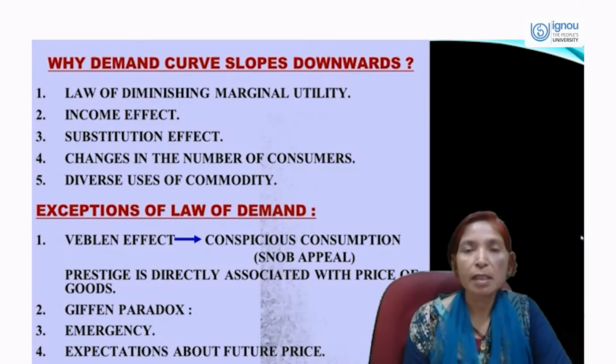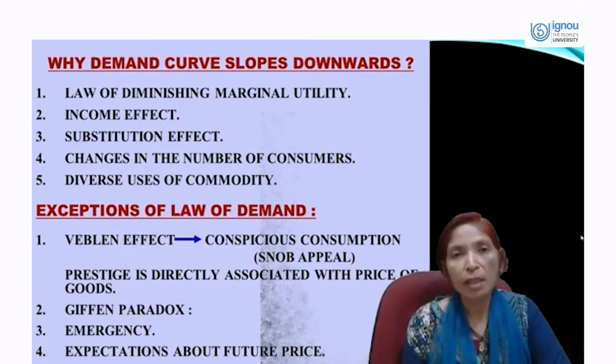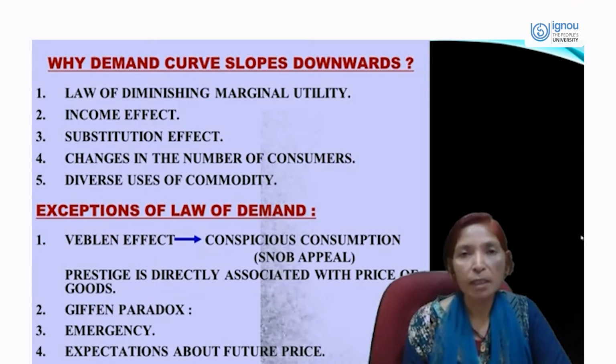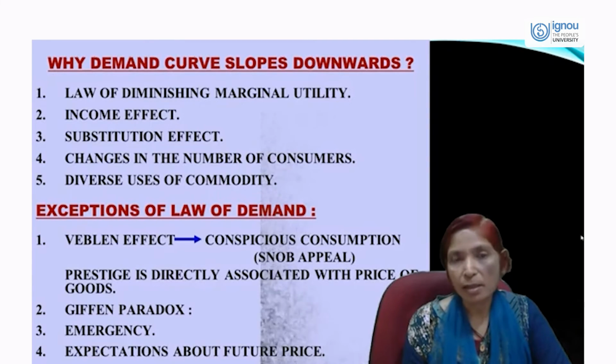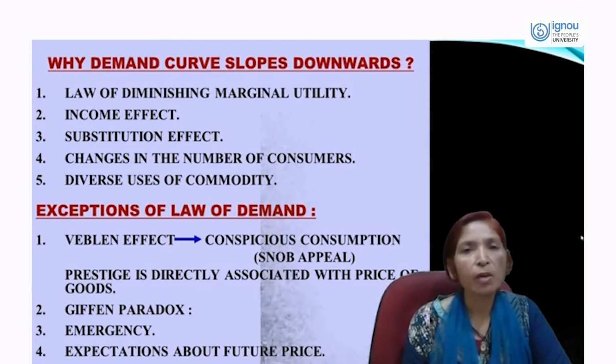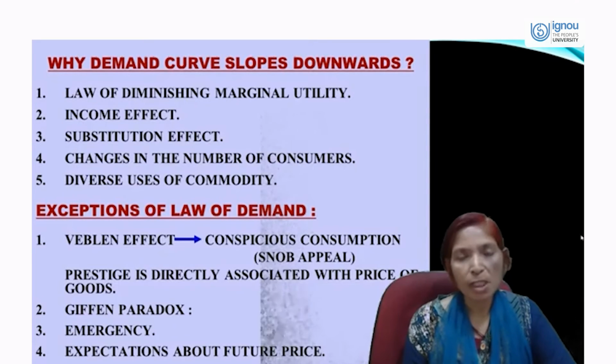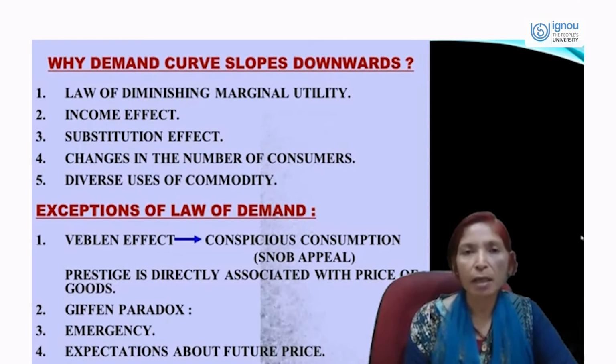If any emergency exists in the economy, for example, a war period or natural calamities, then people will not look at the price prevailing in the market. They will buy that commodity at whatever prices exist in the economy. In this case, price doesn't matter to the consumer, so the law of demand will not be applicable.